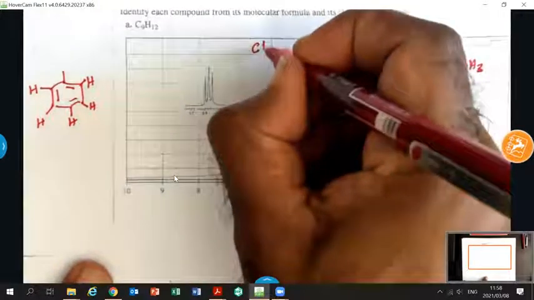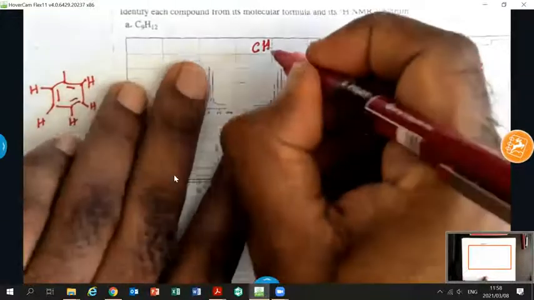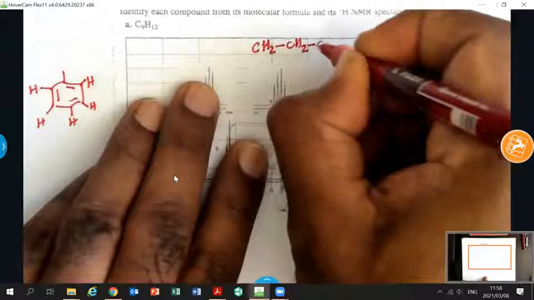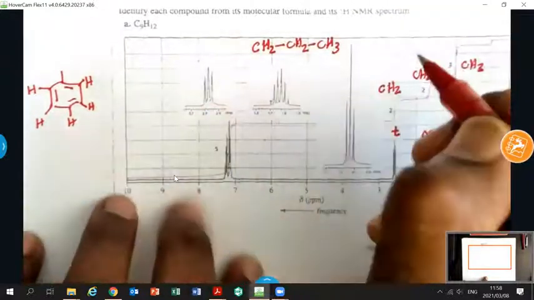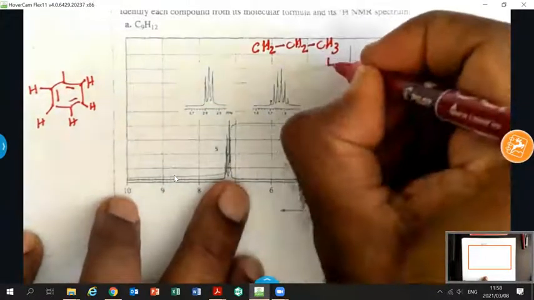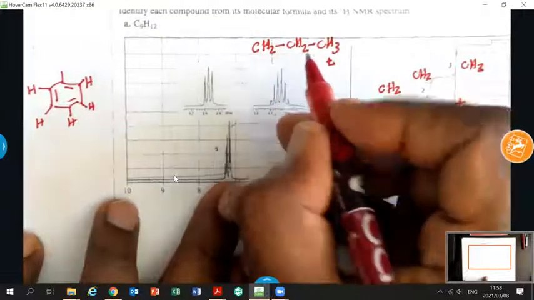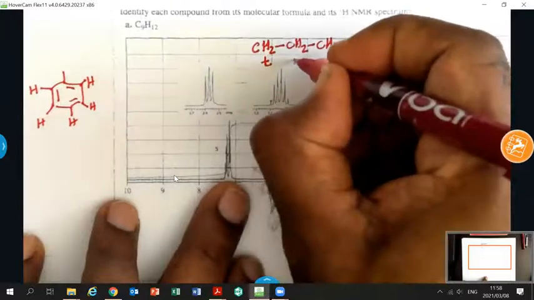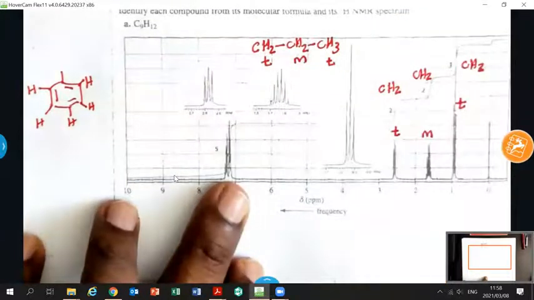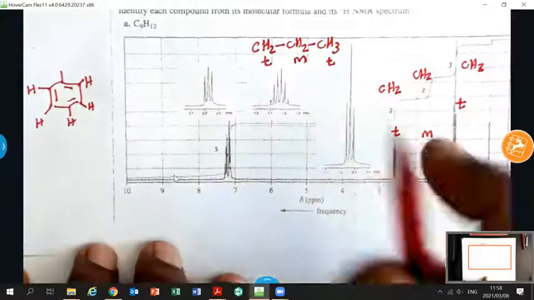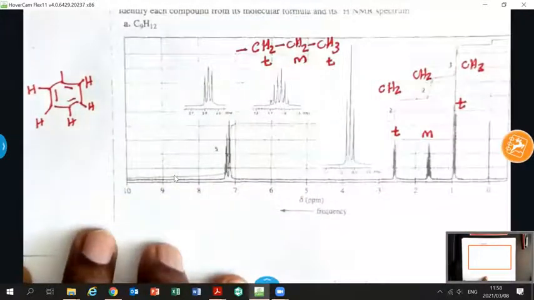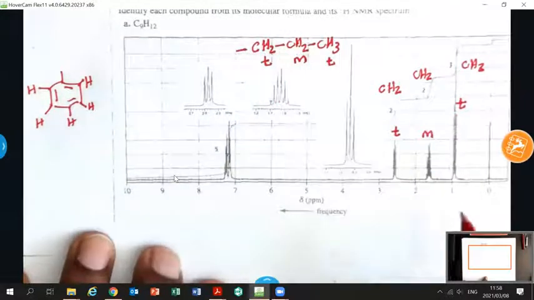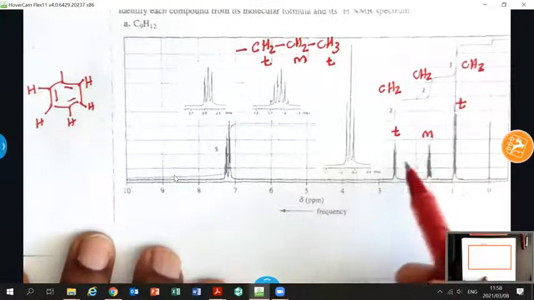If I put the 3 groups in, all joined to each other, can you see the CH3 group is now a triplet? This CH2 group on that side is a triplet, and the CH2 group in the center will be a multiplet. So I have 2 fragments. Something must be joined there. I've got this propyl fragment that I have here, which matches the multiplicity, right?